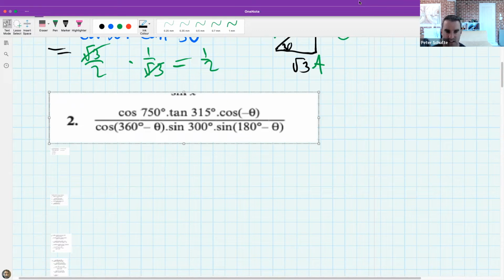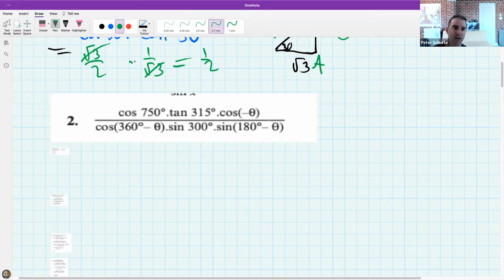I think of these as 6 little questions. So ask yourself, how do you deal with each of these things? I like these little drawings. That's going to be your challenge for this question. And you have to simplify this without the use of a calculator.